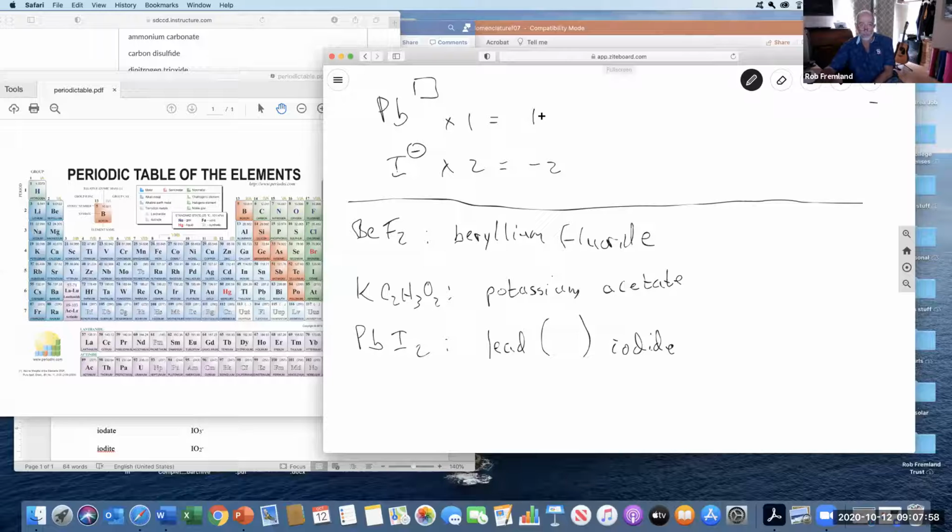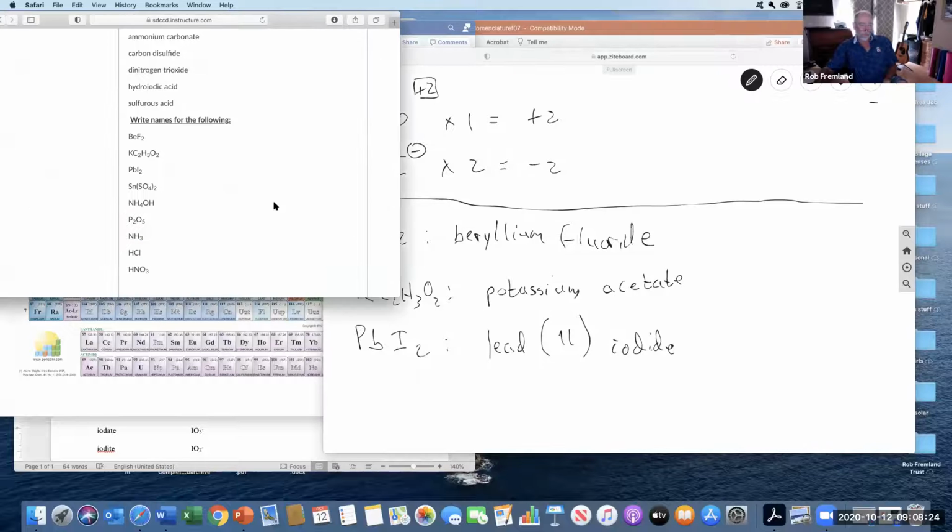We also know that there has to be 2 positives, because if there's 2 negatives, there have to be 2 positives. So that means the lead has to be a +2. So then it's going to be called lead(II) iodide. So the way I showed you to get the charge, putting the formulas together, you can use the same approach to take them apart.